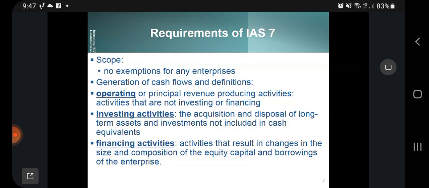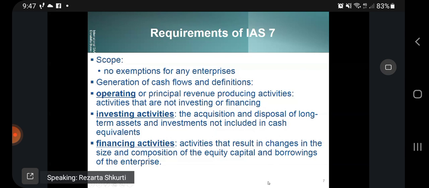Each time that you sell new debentures or issue new shares, each time that you take a new loan, or on the other side, each time that you repay the loan, repay the debts, or take back the shares and bonds from the market, all these transactions are considered part of financing activities.